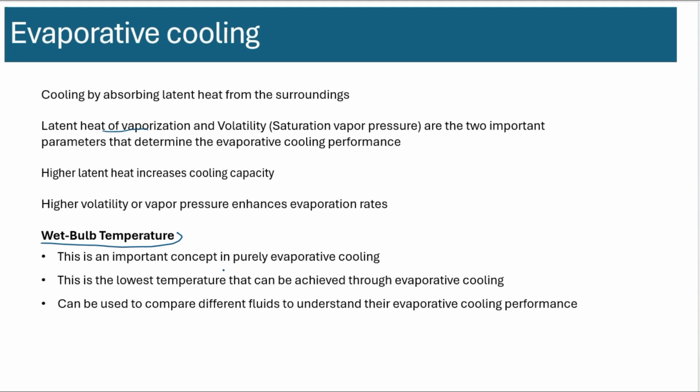And in this case, it's basically the wet bulb temperature that creates the bigger drop in temperature. Okay, so wet bulb temperature is an important concept in evaporative cooling. This is the lowest temperature that can be achieved through evaporative cooling. It can be used for comparing different fluids, even though primarily this is defined for water. I will show you how to calculate it for other fluids so you can estimate a comparison between different fluids, which will drop the temperature more.